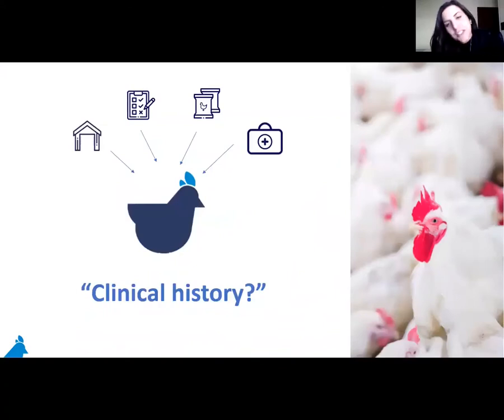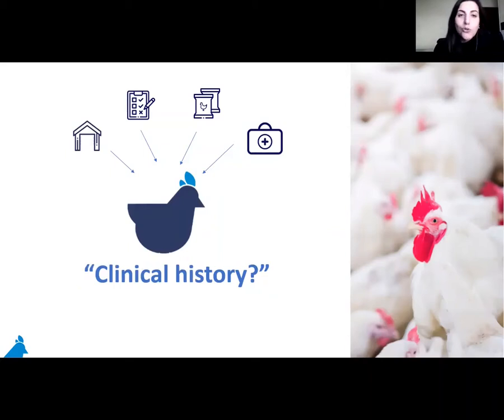So I started my presentation a little differently in order to make you think about some points of our production systems. When we are working in veterinary clinic, whenever we want to know about the clinical history of that animal, all we need to do is ask the owner about the animal's clinical signs.